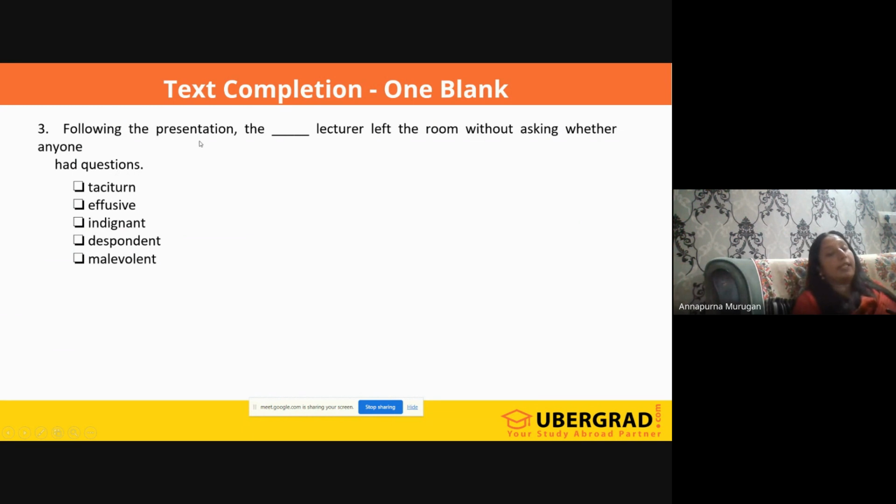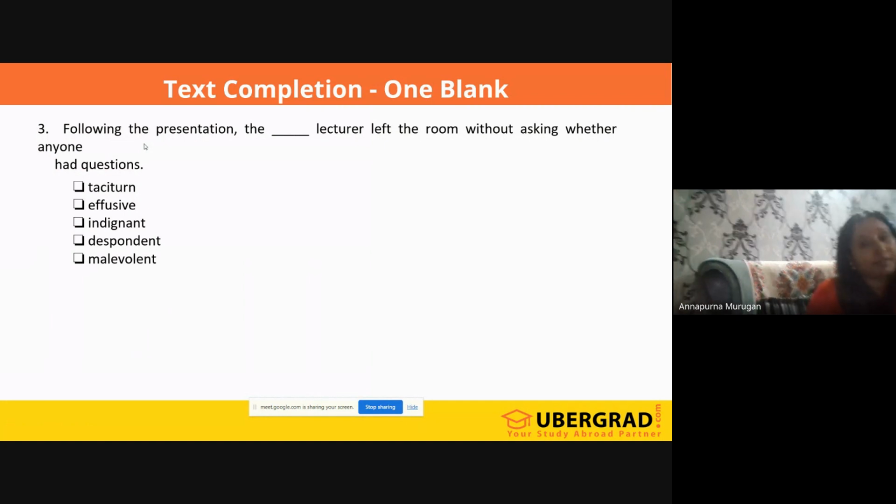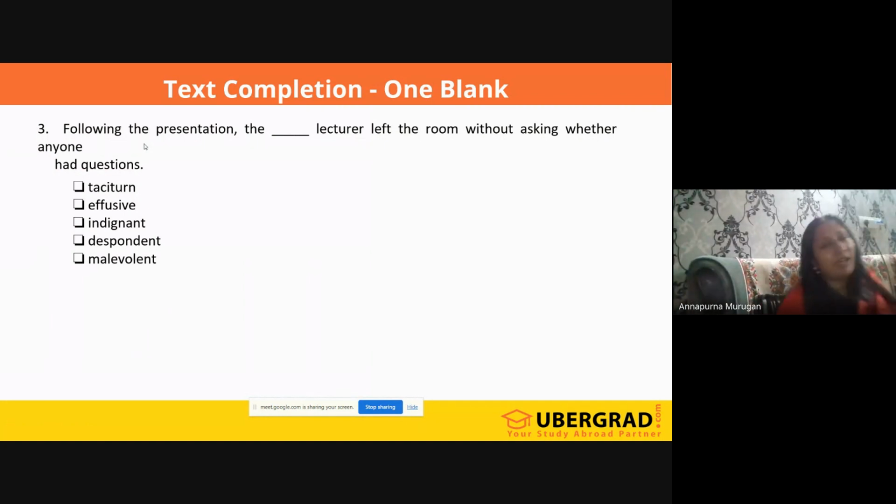Following the presentation, that means what? After the presentation, say, for example, I am also presenting. After this, if I don't answer the questions, or if I don't ask for questions, and I leave the classroom, what does that mean? What type of lecturer would I be? We can imagine ourselves here.